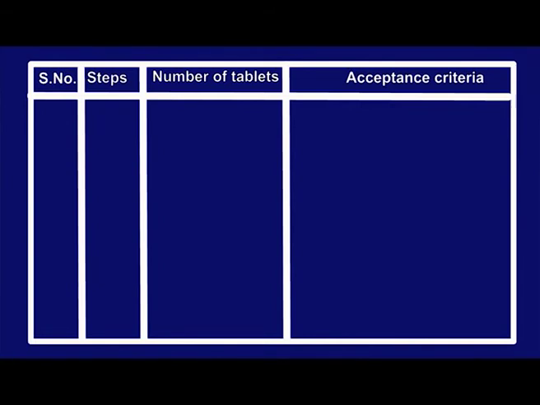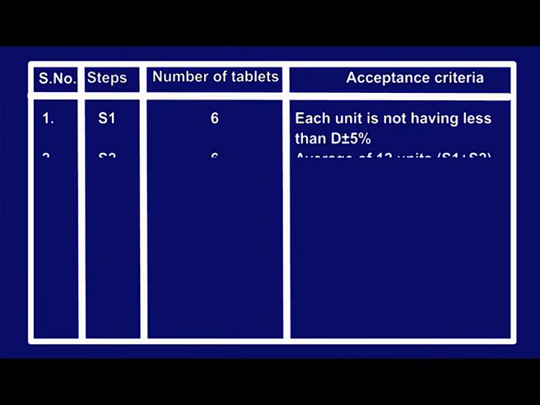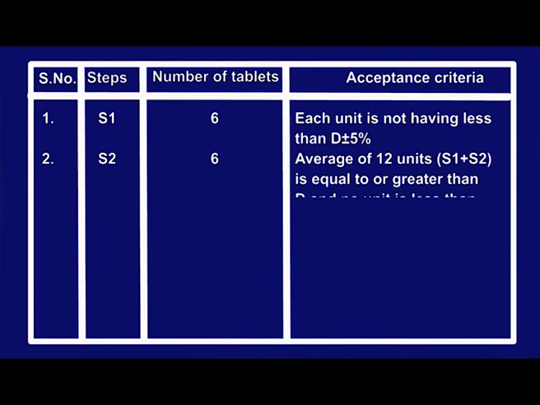In the first step, we will take 6 tablets. Each unit should not be less than the amount of drug dissolved as per the individual monograph plus or minus 5%. In step 2, S2, again we will take 6 tablets. The average of 12 units, that is 6 of S1 and 6 of S2, is equal to or greater than the amount of drug dissolved as per the individual monograph, and no unit is less than minus 15%.